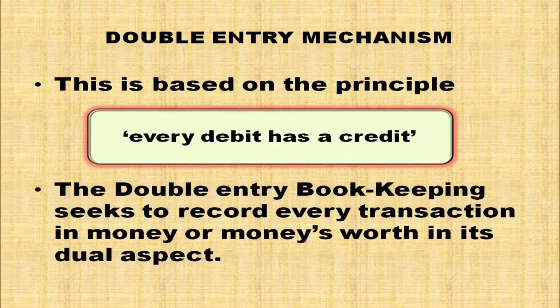This is based on the principle every debit has a credit. Double entry bookkeeping seeks to record every transaction in money or money's worth in its dual aspect.